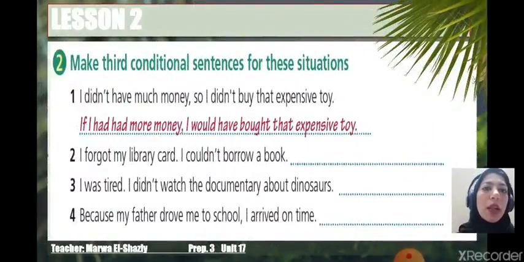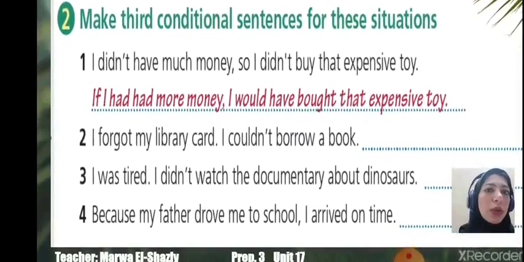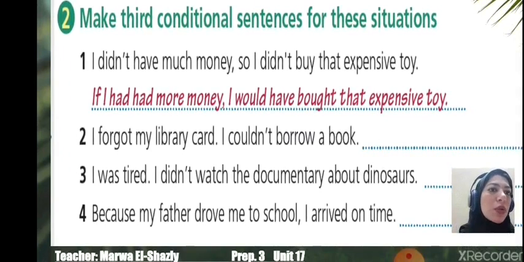We've got some questions here to practice. The first one is done for you. I didn't have much money, so I didn't buy that expensive toy. So where's the condition? Yes, perfect, didn't have much money. Where's the result? Didn't buy that expensive toy. Perfect. So this situation happened in the past and it's impossible to change.